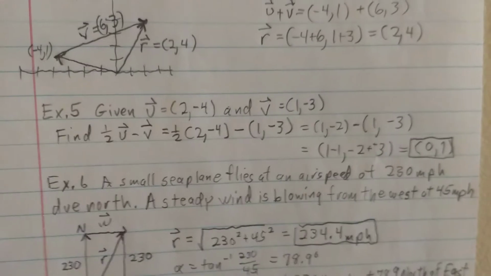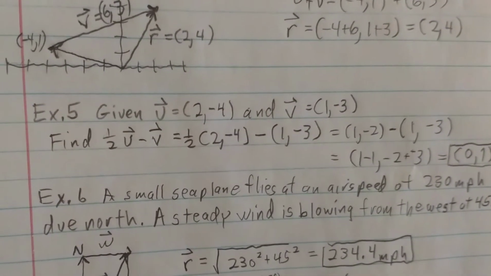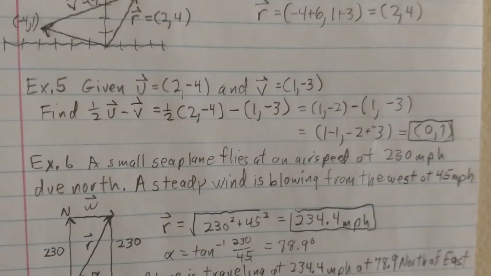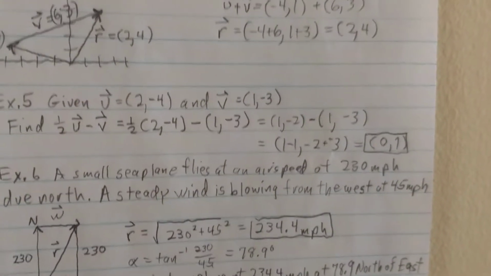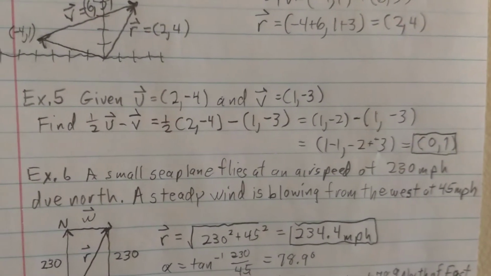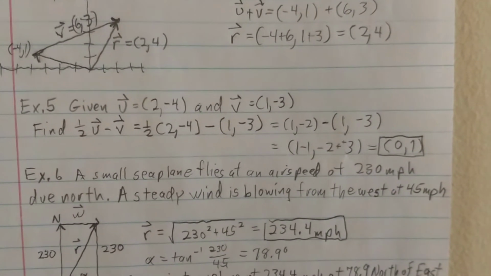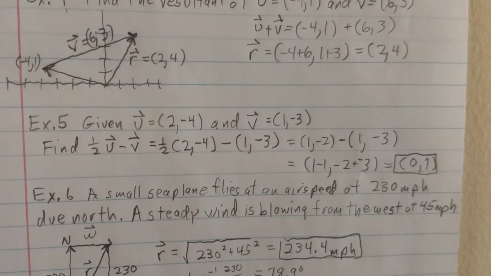You see v indicated, and the resultant of that is from the origin, where the two vectors started, up to the tip of the v vector, which is 2, 4.